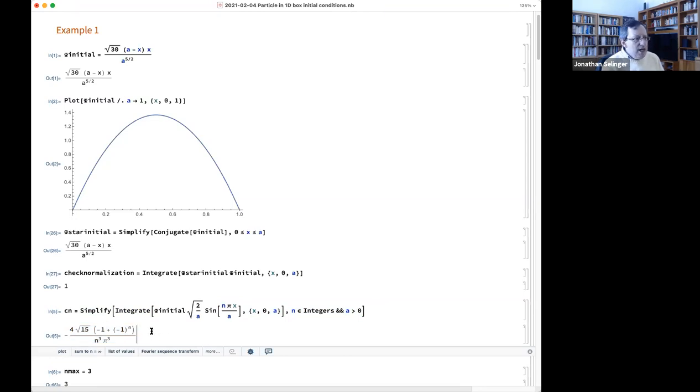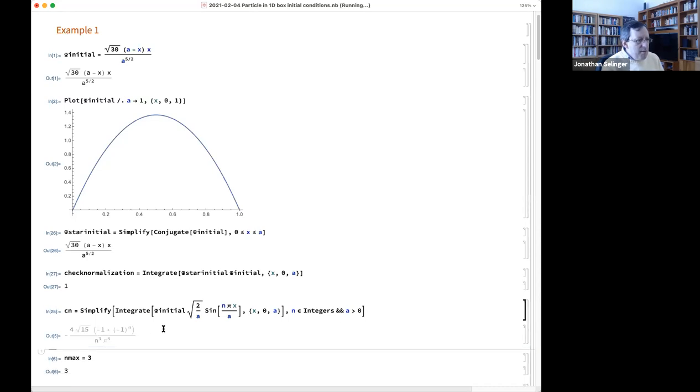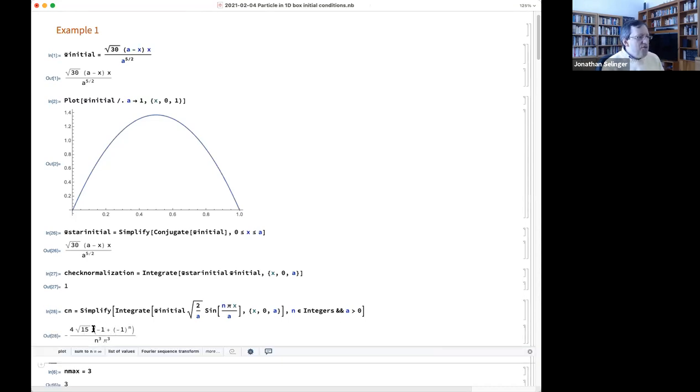You can see in this answer that the computer calculates, it involves this kind of expression of -1 plus -1 to the nth power. That's a combination that you might have seen in math classes. It's the way that mathematicians write, and also Mathematica software writes, something that is 0 when n is even, but it's not 0 when n is odd.